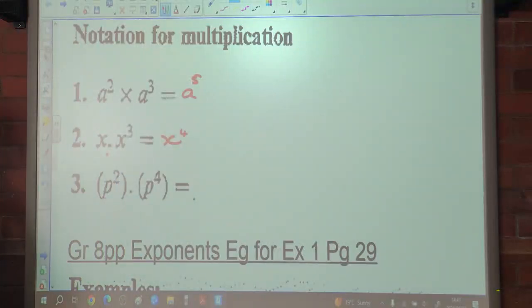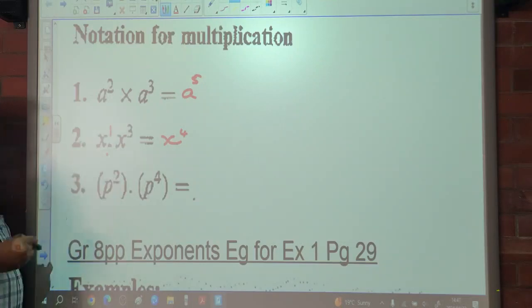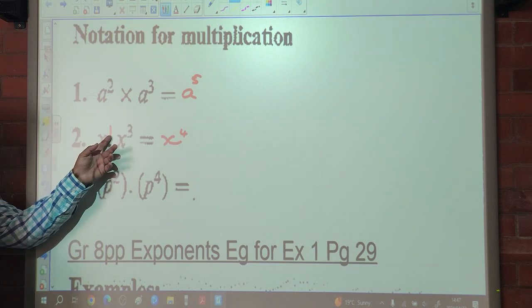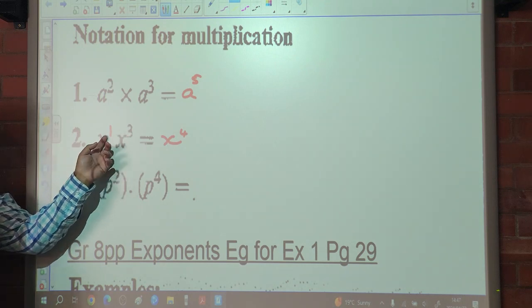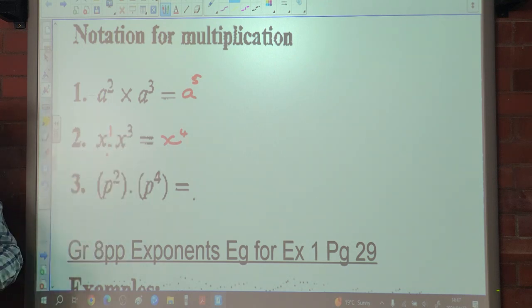Who disagrees with that? Who agrees? Mizan, what do you say? But is there an invisible 1 here? 1 plus 3 is what? You agree?